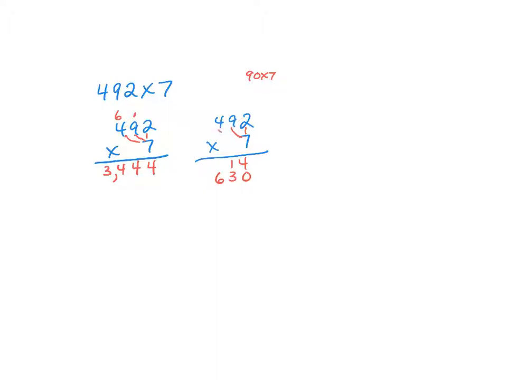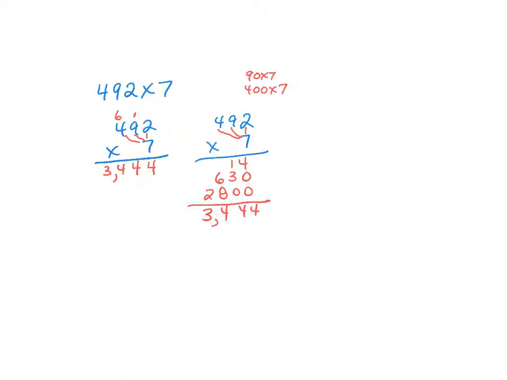The 4 times 7, that 4 stands for 400. So it's going to be 400 times 7. 4 times 7 is 28, and I'm going to need 2 zeros, so I'm going to have 2,800. If I add all those numbers together, I get exactly the same thing, 3,444.